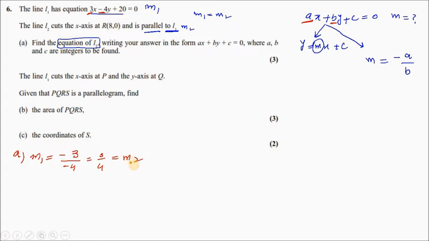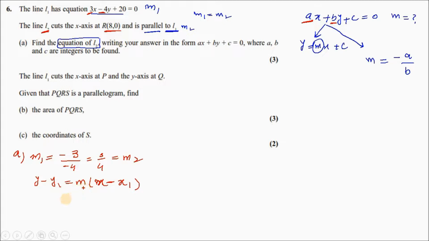So you can find the equation of the line L2 because a point on L2 is given. We can use the slope-point form or gradient-point form: y minus y1 is equal to m times x minus x1, where (x1, y1) are the coordinates of the point on the line and m is the gradient of the line.